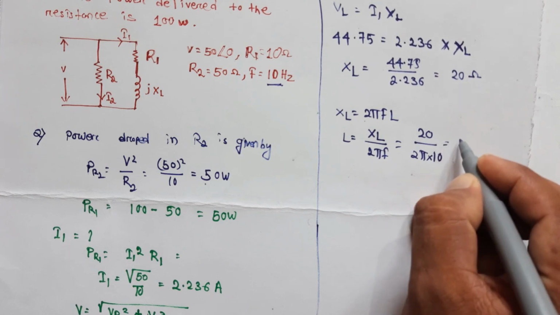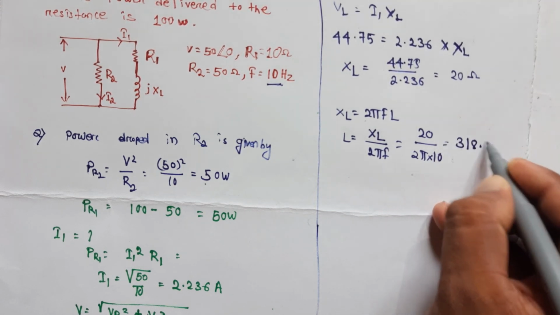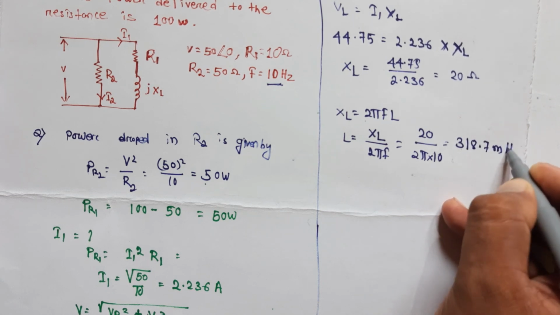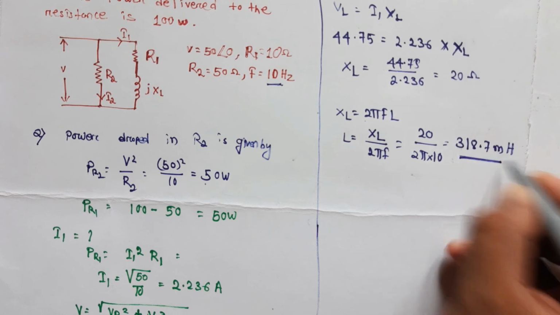You can find this is 318.7 millihenry. This is our final objective, the inductance value.